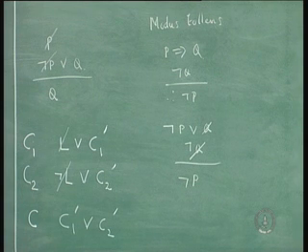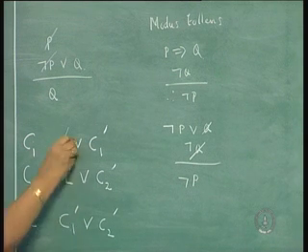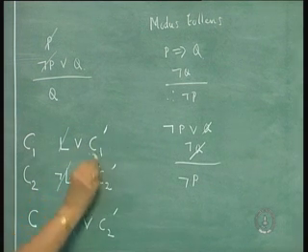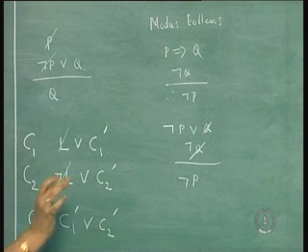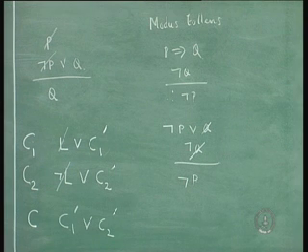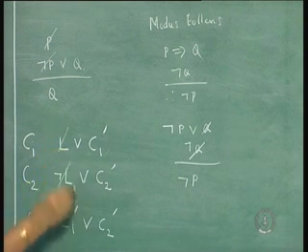Now, we have to show that this is the logical consequence of this. Now, you must remember that this is a sum, this is also a sum, having only literals. And what do you mean by the conclusion or the consequence? If the premises are true, the conclusion must be true.